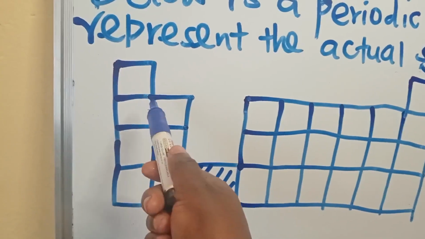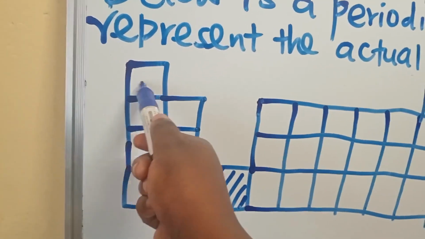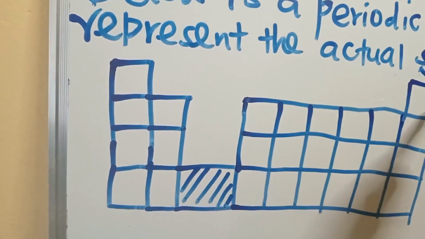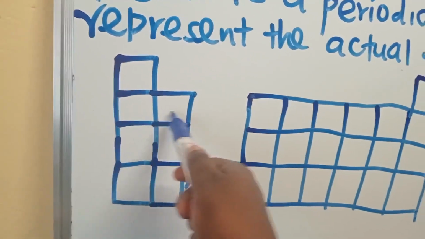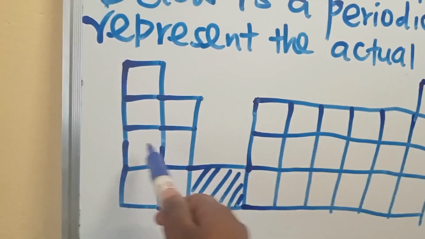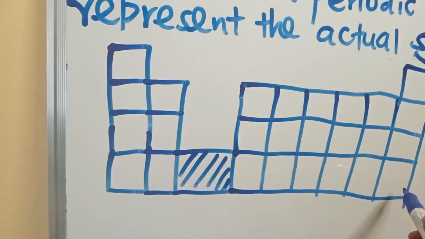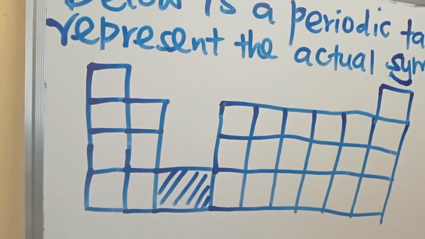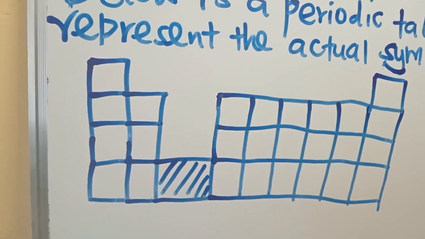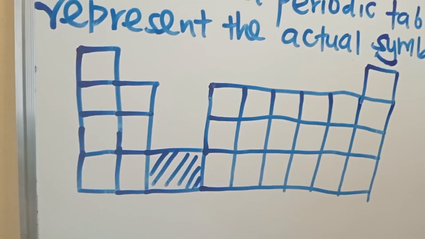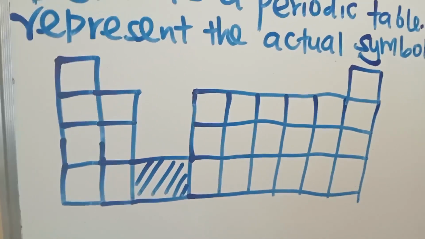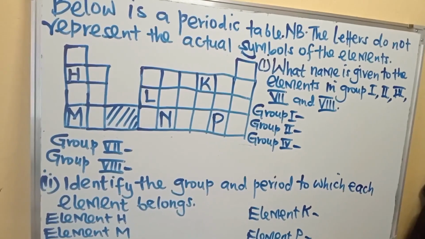So we have 1 that extends to the far end, we have 2, we have 3, and then the 4th one. So that way you're ready with the periodic table that you can then use in the questions that follow.